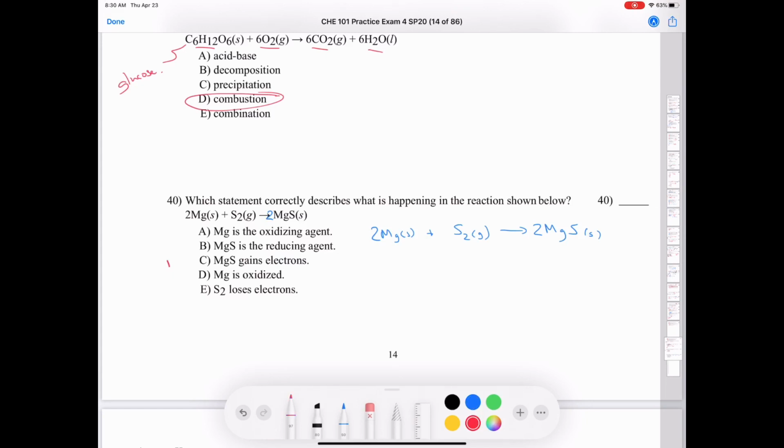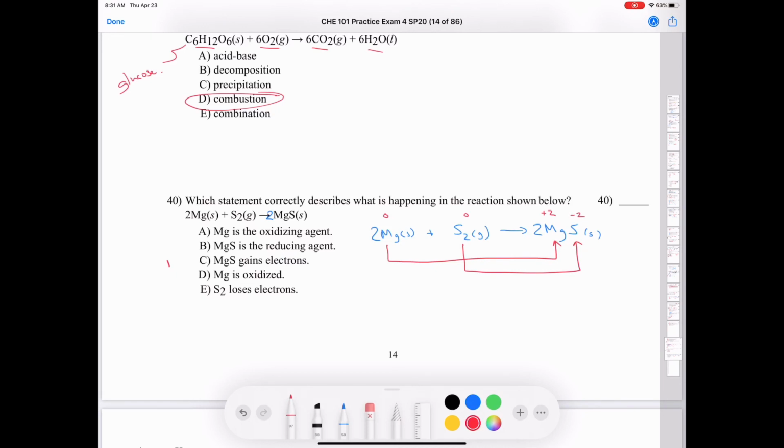If we look at the oxidation states of magnesium and the sulfur, well, these are both pure elements as reactants, so their oxidation states are both 0. But metals like magnesium like to lose electrons. Magnesium has 2 valence electrons, and it's becoming magnesium plus 2, and my sulfur is undergoing reduction to produce sulfur with a -2 charge.